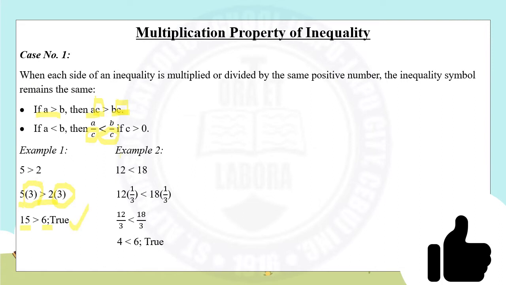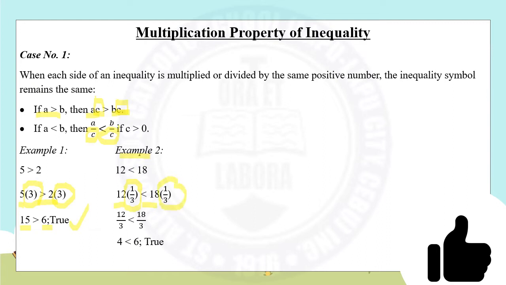Example number 2. 12 less than 18. We multiply 1/3 to the left side. We will also multiply 1/3 to the right side.